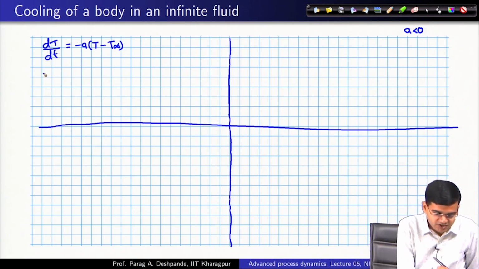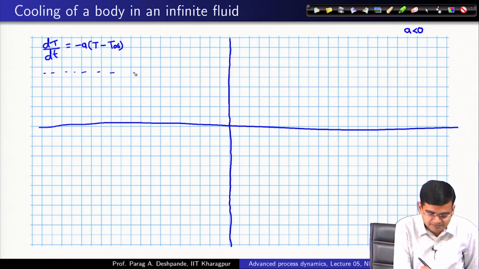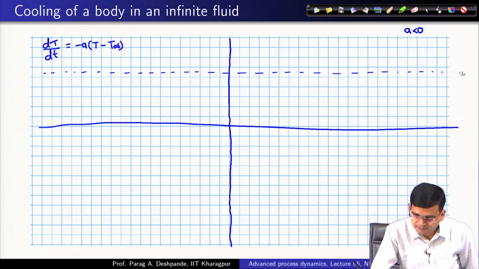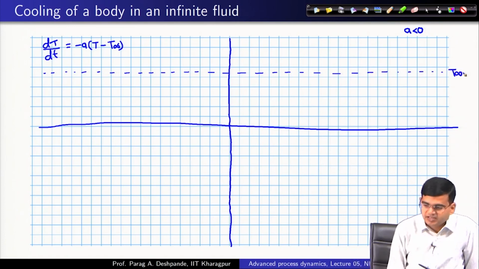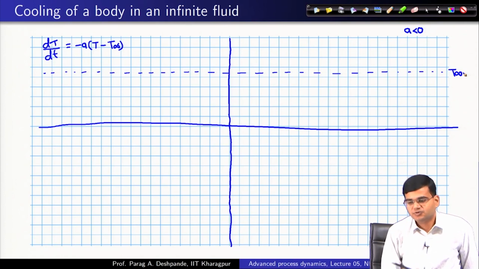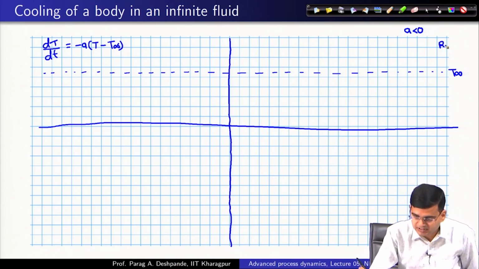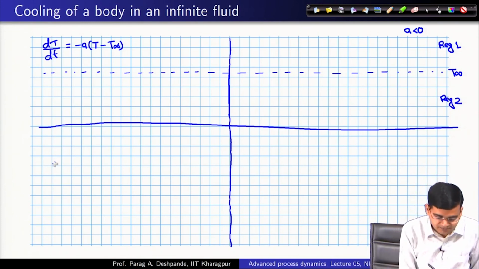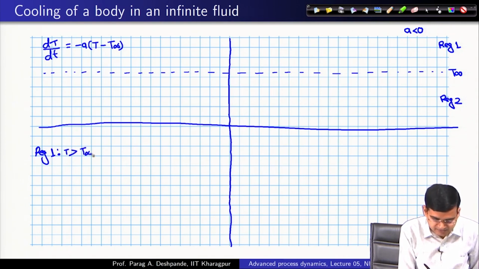So, I will again draw the equilibrium solution as this horizontal line, this is T infinity. I will divide this entire phase portrait into two regions, this is region 1 and this is region 2. So, let me do an analysis for region 1 and region 2. So, for region 1, T is greater than T infinity.